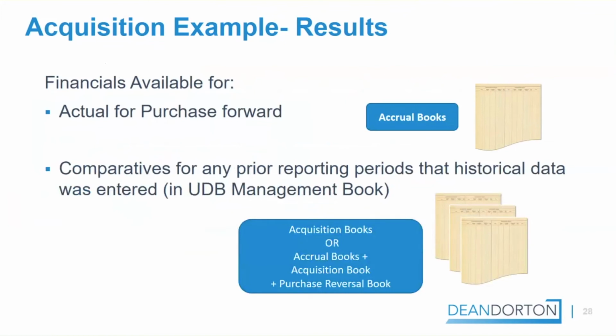So here's just an example of how that would look. We would have our accrual books, which would have the actual purchase, and then we would have the acquisition books and the acquisition reversal book stacked together in order to produce our management reporting. So it wouldn't really be GAAP reporting, but we'd be able to utilize them for management use.